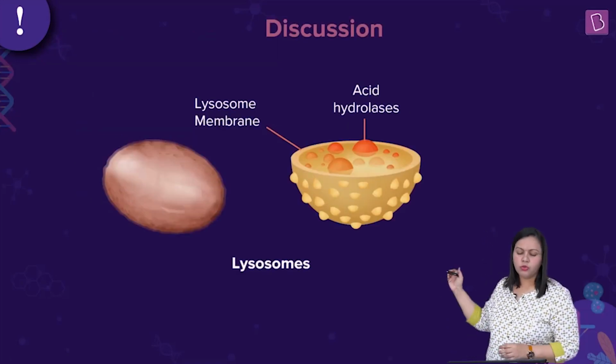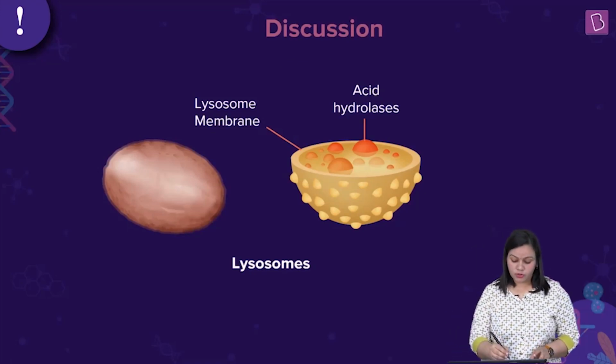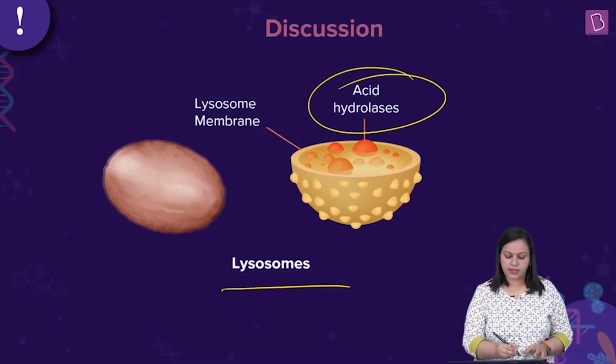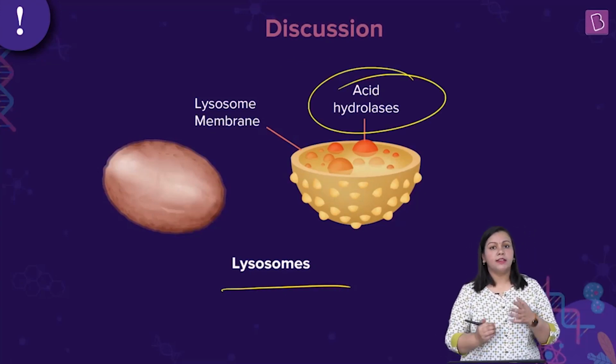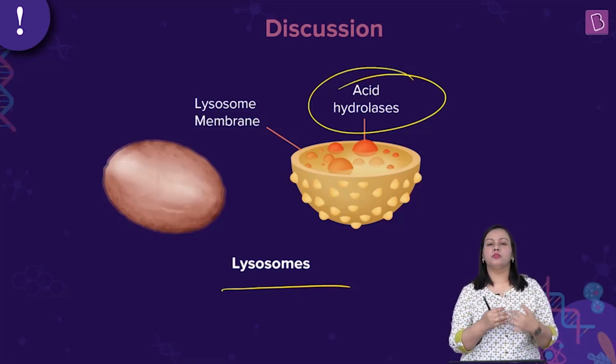Let me show you a quick representative image of lysosome here. Lysosomes are digestive bags or suicide bags which have special enzymes called acid hydrolases. They degrade or break down big macromolecules into simpler molecules.